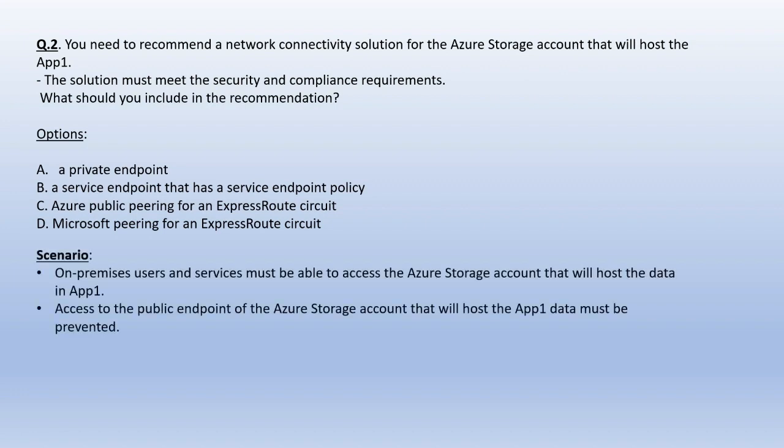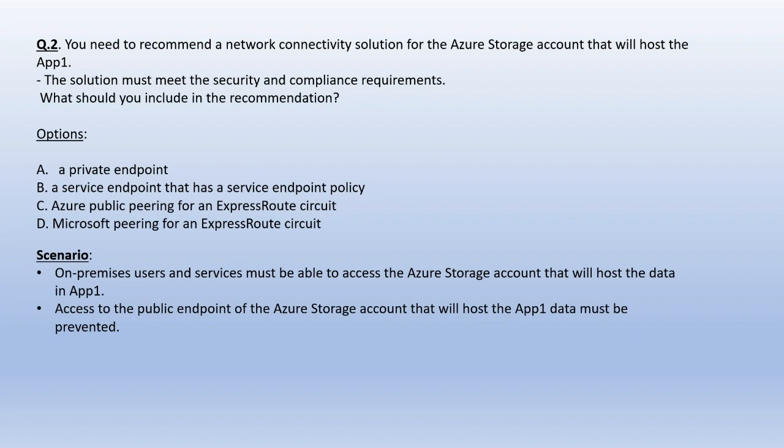So here's the requirement. Actually, this scenario is not written in the case study. I have just put it over here so that we don't have to go back and forth to find out what the actual requirement was. The scenario says that on-premise users and services must be able to access the Azure storage account that will host the data in F1.